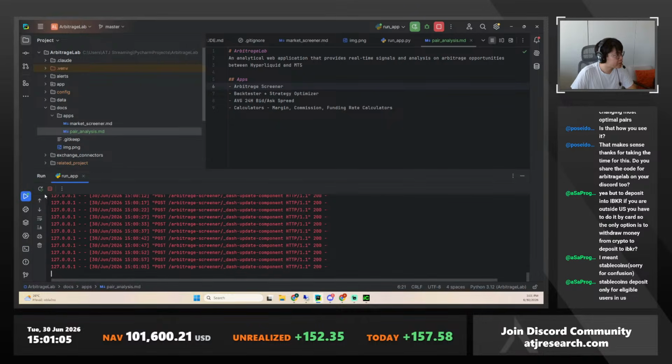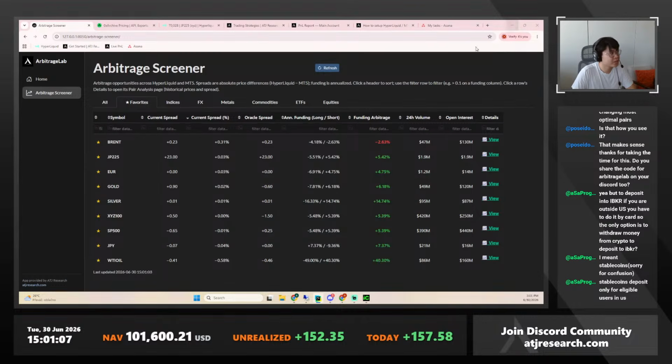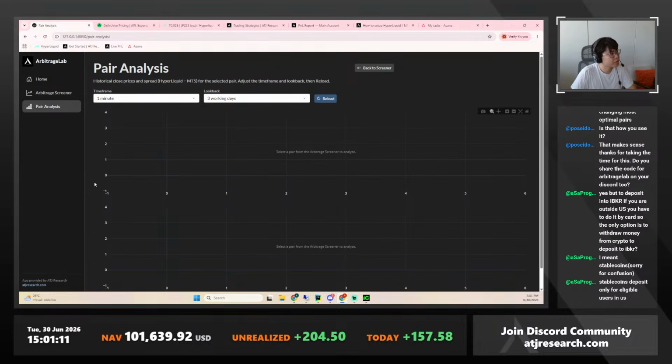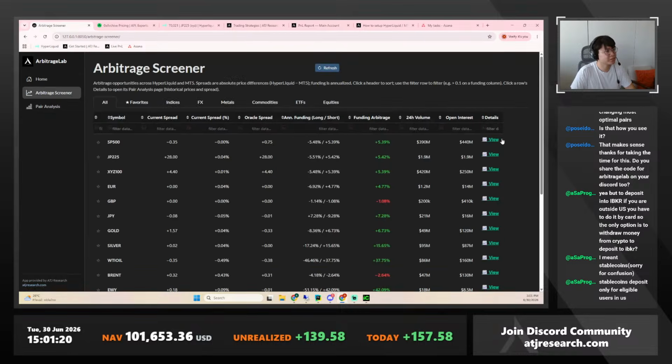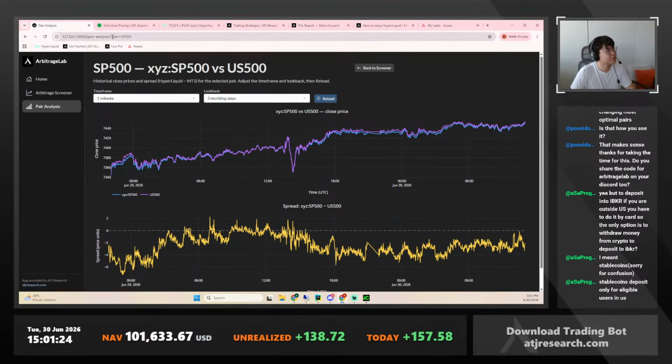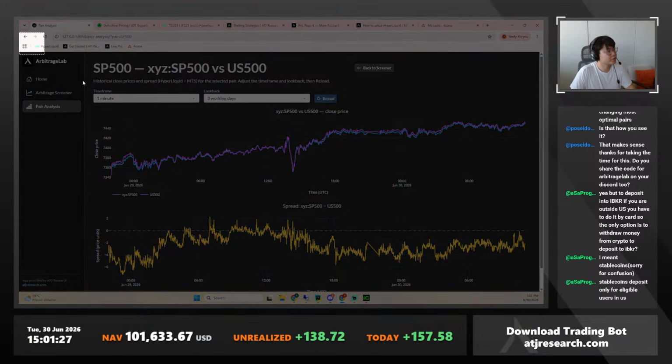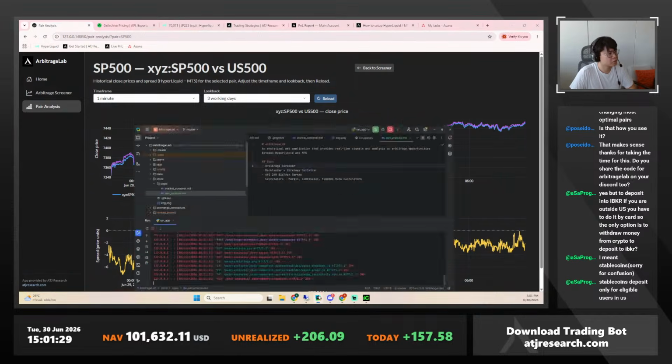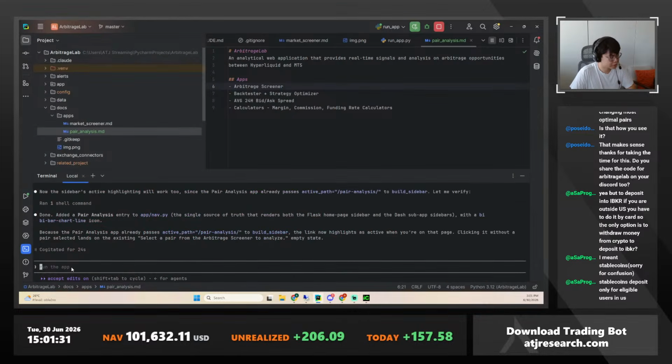Okay, so here we added the pair analysis. We added the link, but what's missing is the input, right? We need to add some extra inputs.